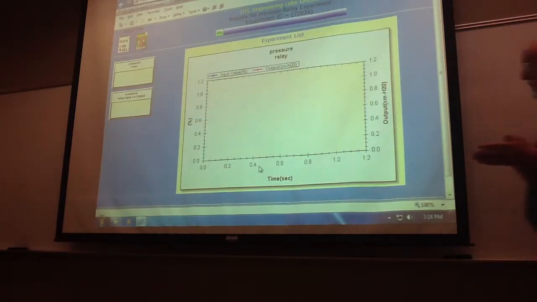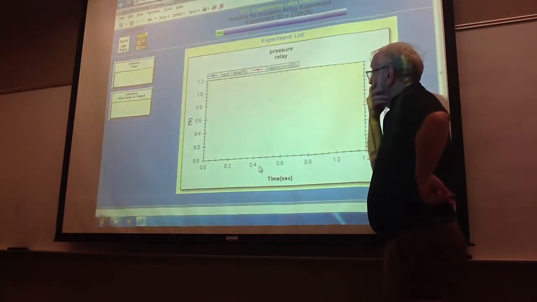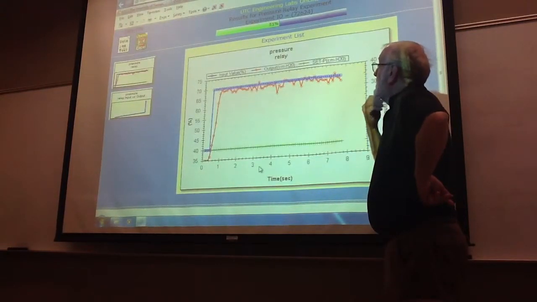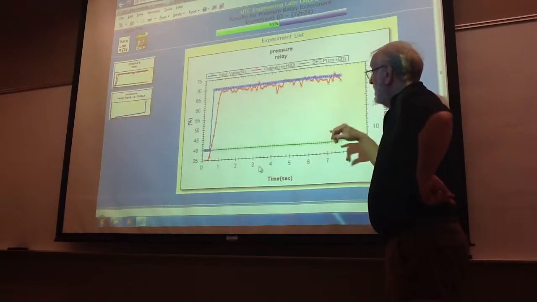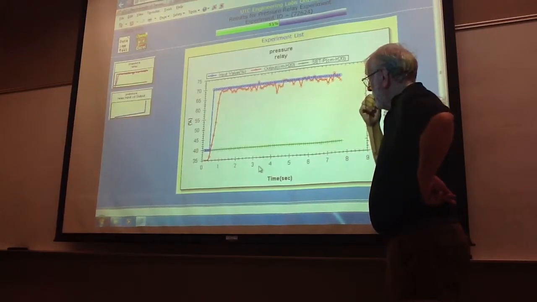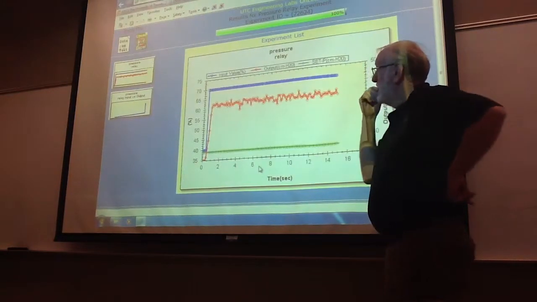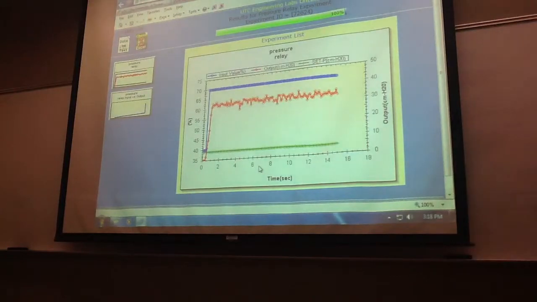Relay means it goes up and down. We'll see this in a minute. Okay, this is the value that I want. Something's weird here. Let me try this again.